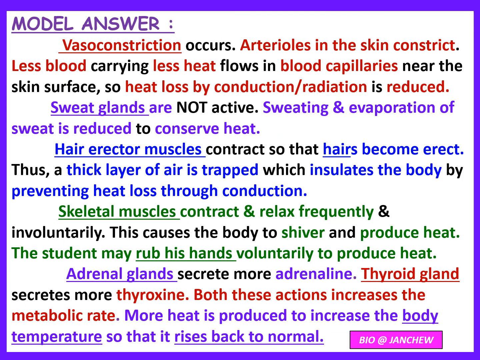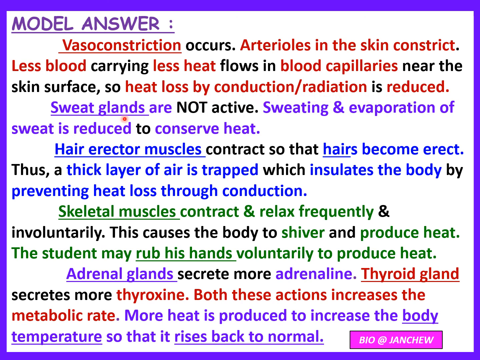Now, continuing with our model answer, we can discuss the various structures involved which help to regulate the body temperature when the person is cold. Firstly, vasoconstriction occurs, and you can add on because the smooth muscles in the walls of the arterioles contract. So arterioles in the skin constrict or become narrower, and less blood carrying less heat flows in blood capillaries near the skin surface, so heat loss by conduction and radiation is reduced.